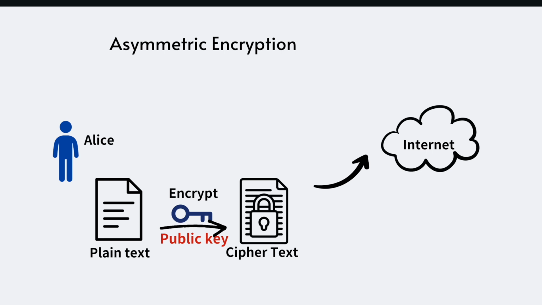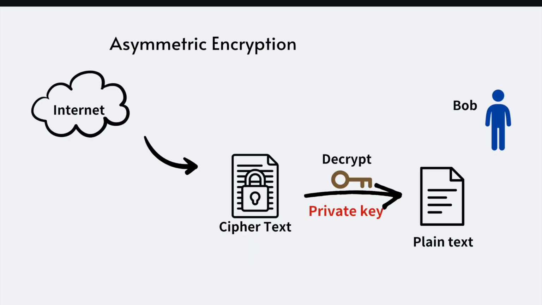Then Alice can send the ciphertext to Bob through the internet. Okay, now Bob can get the ciphertext from the internet, and he can use his own private key to decrypt the data. And this key is only known by Bob.